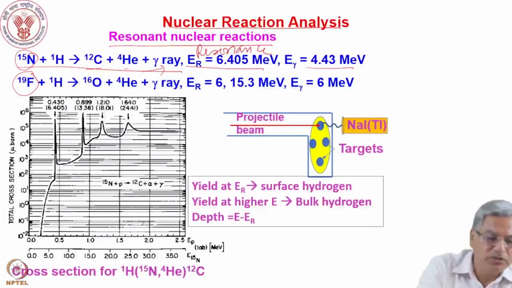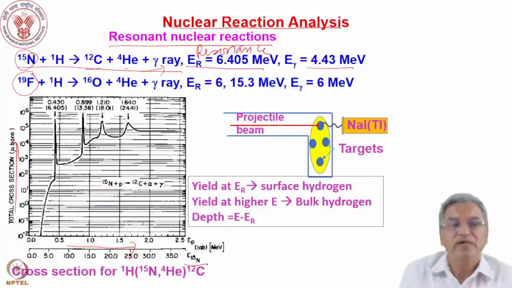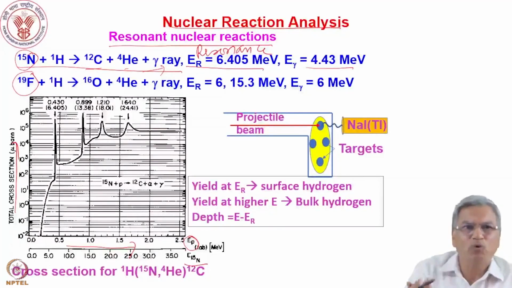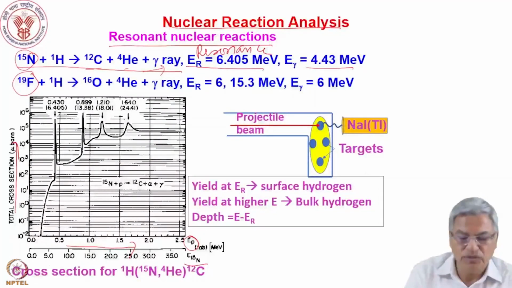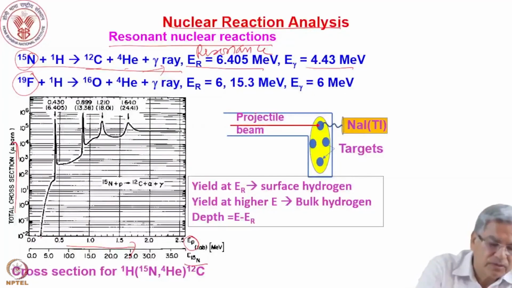I will elaborate this using this graph. What we have here is the cross section versus the energy of the projectile nitrogen 15, and the corresponding energy of proton is also shown. Suppose you want to detect nitrogen 15 using a proton beam, that you can also do, but applications are more with regard to hydrogen determination using nitrogen 15. The cross section is going here, and this is a log scale.